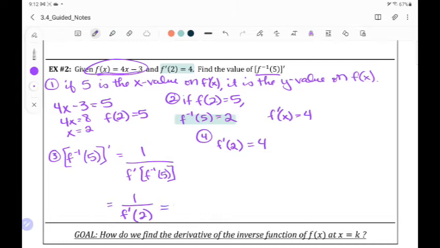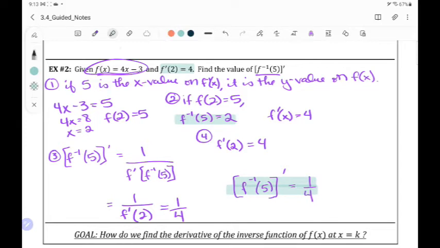So this right here equals 1 over 4. And that means that our final answer for the derivative of f inverse of 5 equals 1 over 4. That's our final answer.